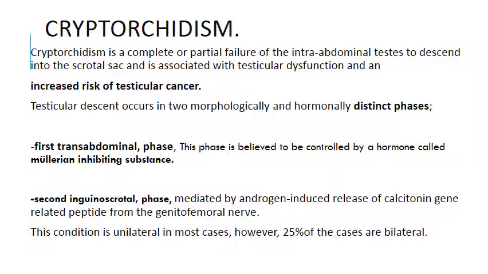The descent of the testis occurs in two hormonally distinct phases. The first, transabdominal phase, is controlled by a hormone called Mullerian inhibiting substance. The second is the inguinoscrotal phase, mediated by androgen induced release of calcitonin gene related peptide. This condition is mostly unilateral, but it is bilateral in 25% of cases.